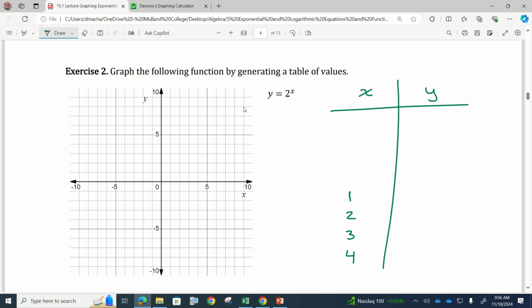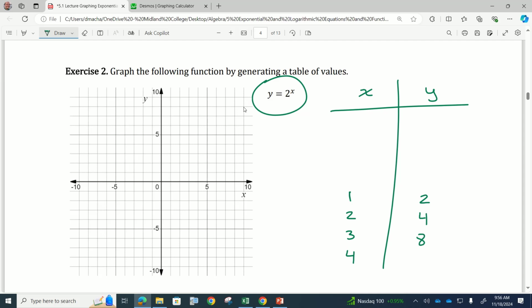If I'm dealing with the function y equals 2 to the power x, and I say x is equal to 1, then y is equal to 2. What if x is 2? Y would be 4. What if x is 3? Y would be 8.